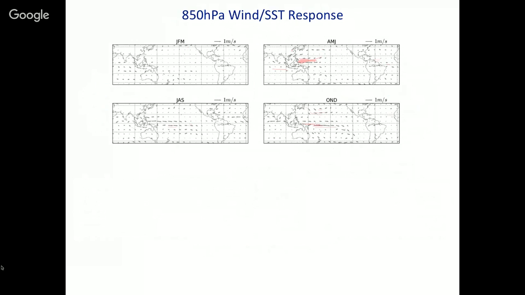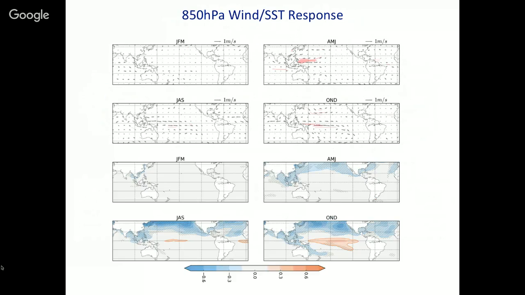The shaded regions are the regions where this response is significant, meaning it passes the test. Particularly during this pre-monsoon season, you have a significant response. It's kind of always a westerly response, but it's the most significant during this month, and it's only located over this region. And I'll show you a corresponding SST response.